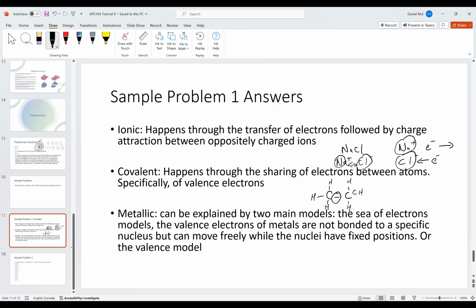So these would be your sharing here. And so everything here has octet stability.